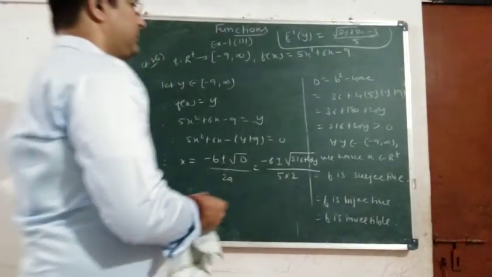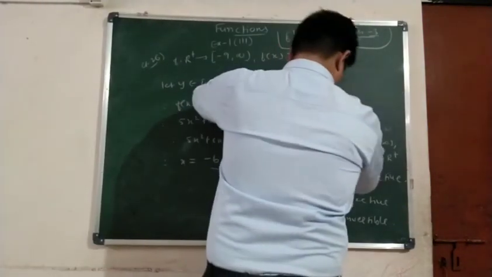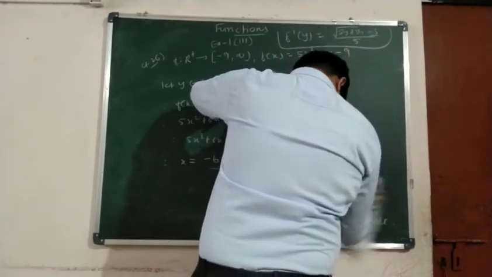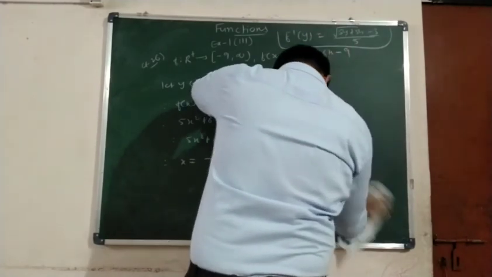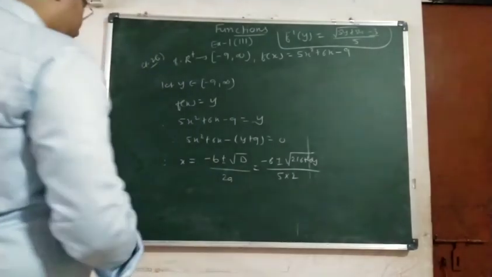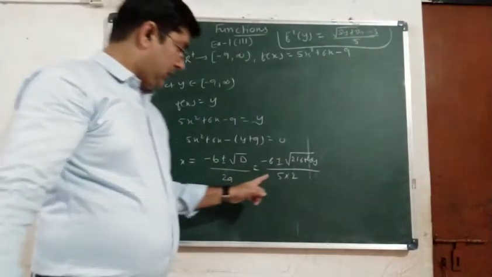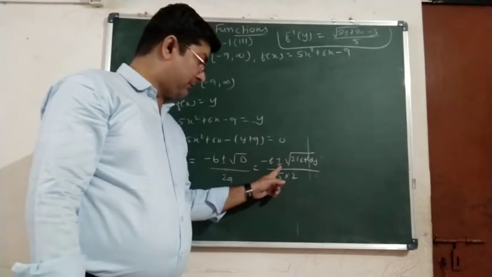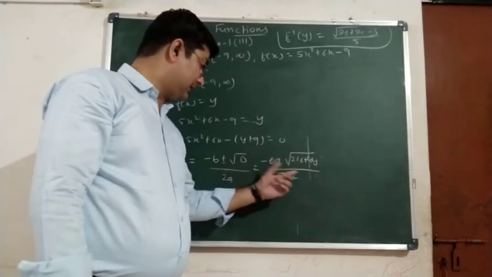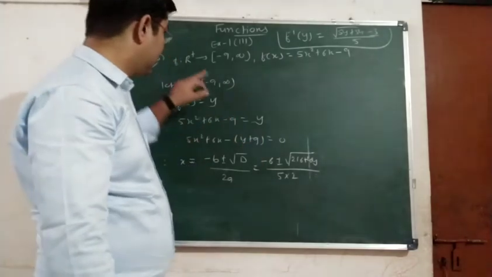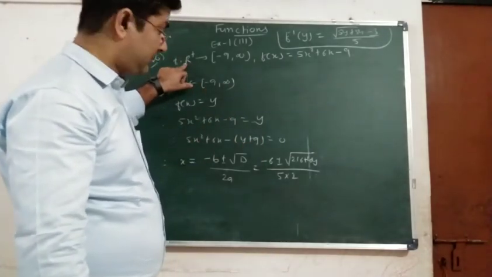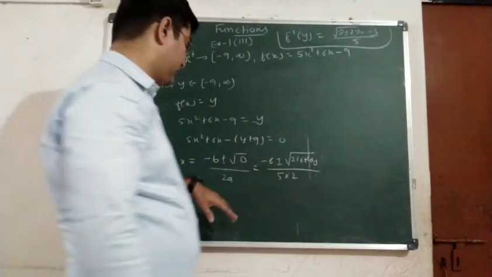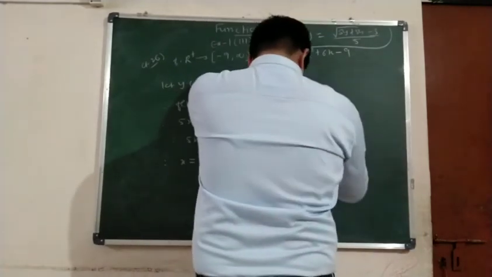Okay, now let us simplify. Now obviously if you take the minus value over here, then the root will become negative, but since the domain is R plus, we cannot take negative values, and therefore we will consider only the plus one.